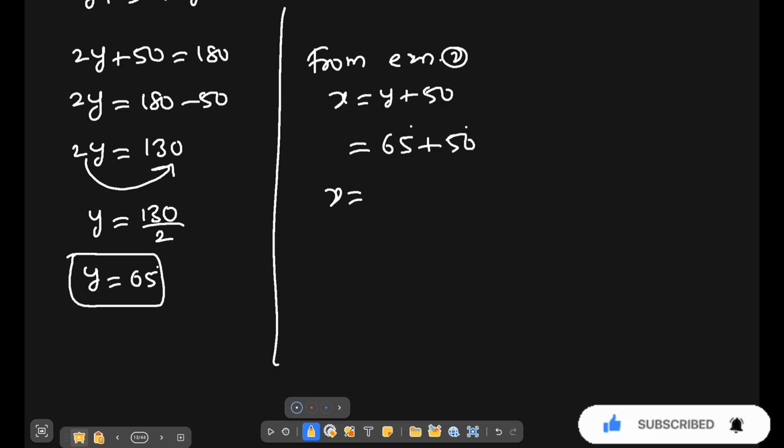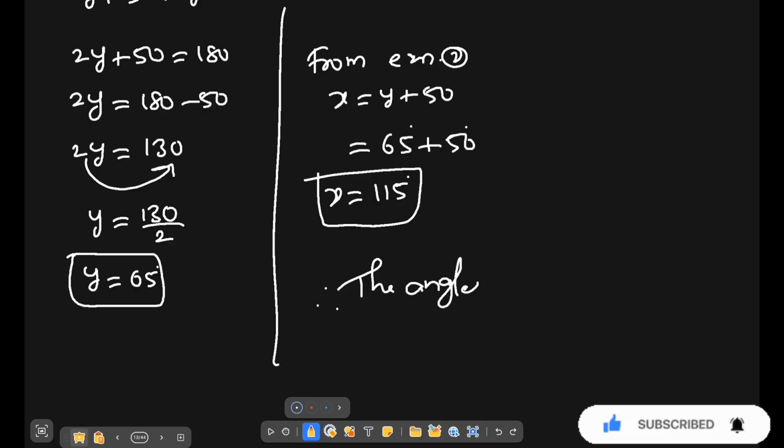So x is equal to 115 degrees. Therefore the angles are 115 degrees and the second angle is 65 degrees. That's it.